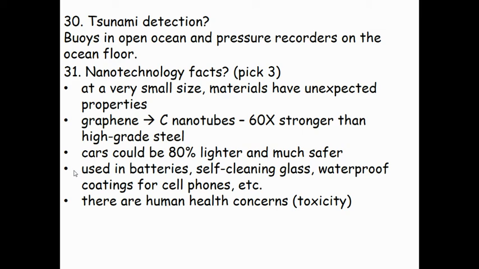And that's important because the process of making steel releases a lot of carbon dioxide into the atmosphere. It can make cars 80% lighter, which would make them more efficient. It would require less juice in lithium-ion batteries to move lighter vehicles. That's safer. And we use it in batteries, self-cleaning glass. That's pretty cool. Waterproof coatings.